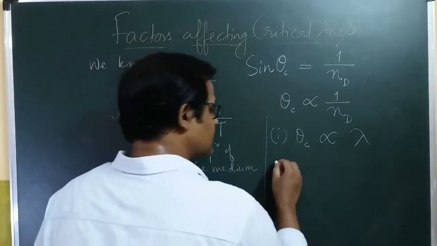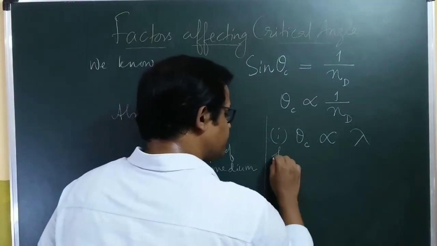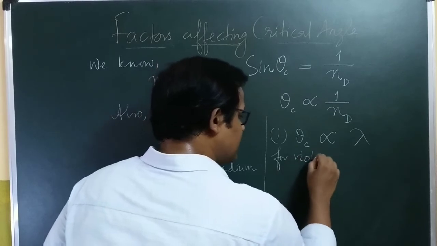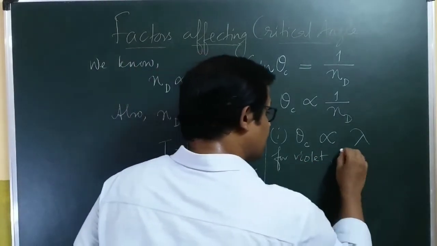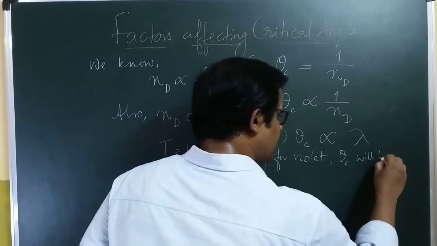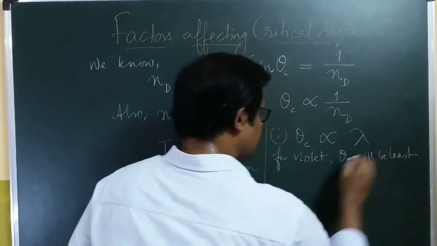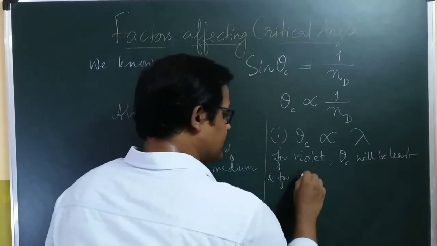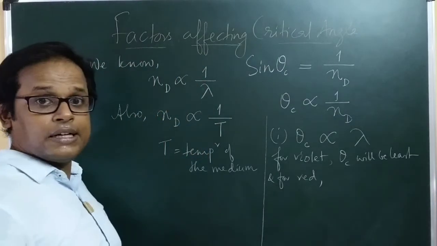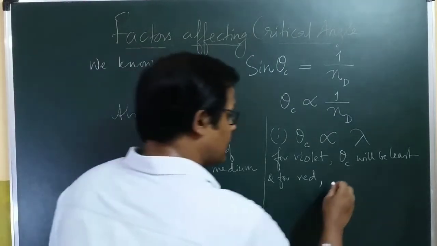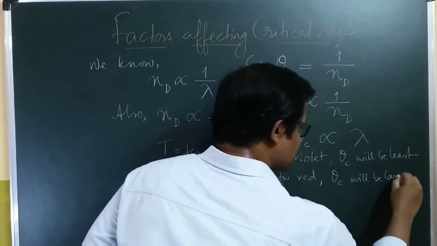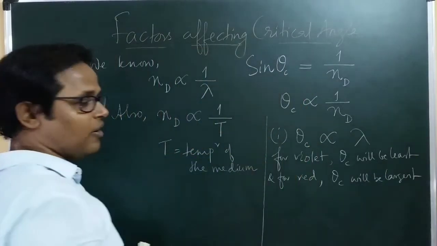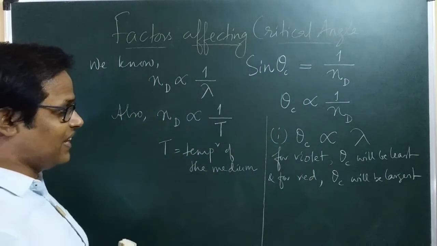It means that, as we know, for violet light, whose wavelength is the smallest, the critical angle will be the least, and for red light, whose wavelength is the longest, the critical angle will be the largest. That is the meaning of that terminology, right?